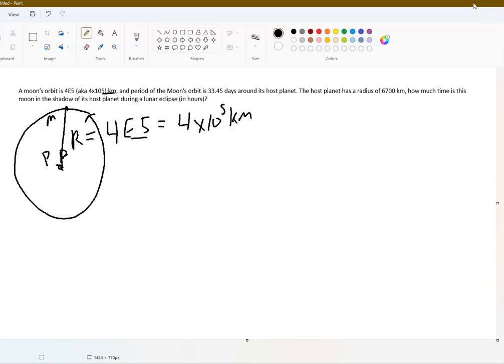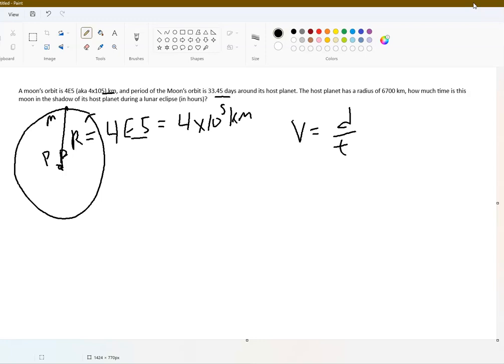All right. So just like the last problem, we're going to figure out how fast it's traveling. They also give us that this particular moon takes 33.45 days to go all the way around. So the velocity is going to equal the distance divided by the time. They give us the time.